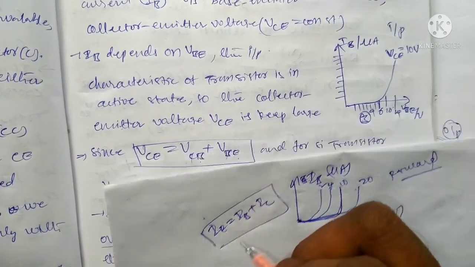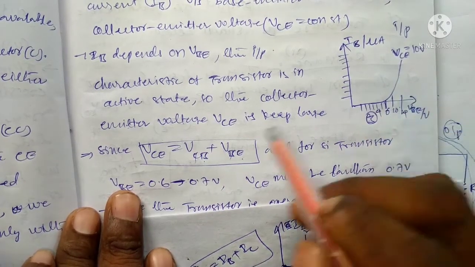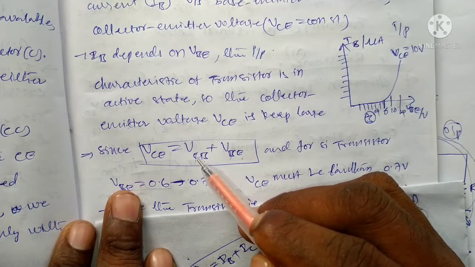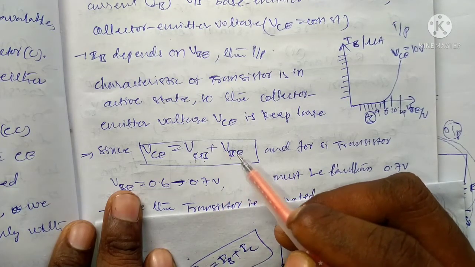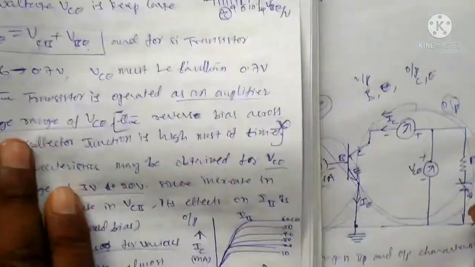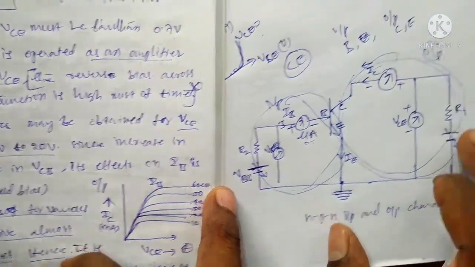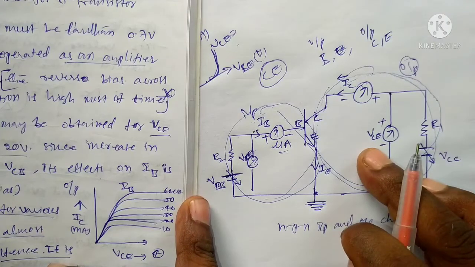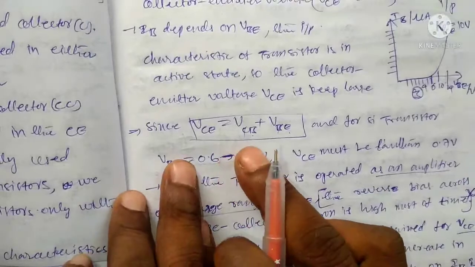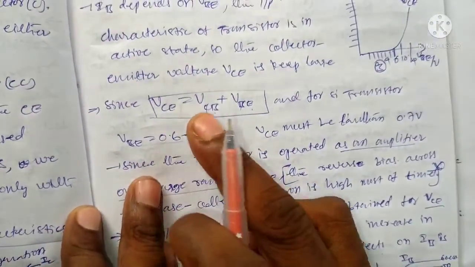From the graph, VCE is equal to VCB plus VBE, the collector base voltage plus the base emitter voltage, as in the diagram. This is for the CE configuration.